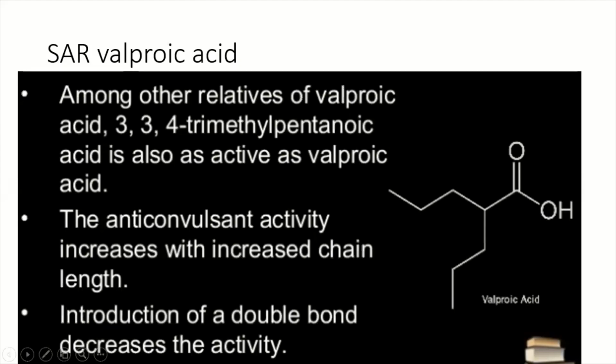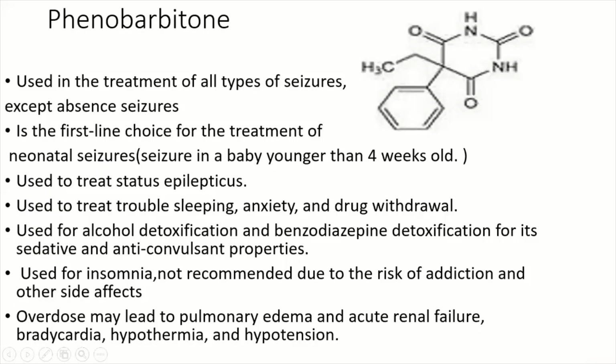Valproic acid is an active compound, a powerful anticonvulsant drug, and depending upon the variation in the side chain, you get different derivatives. When there is some unsaturation or introduction of a double bond in this compound, it will decrease the anticonvulsant property.